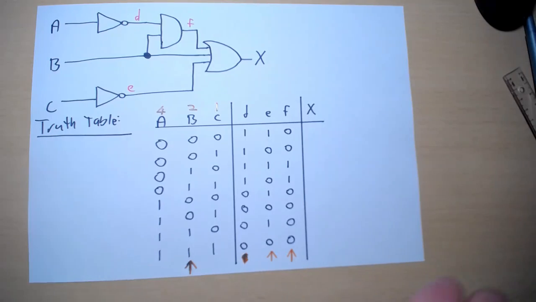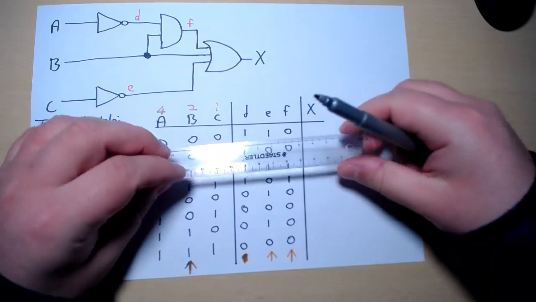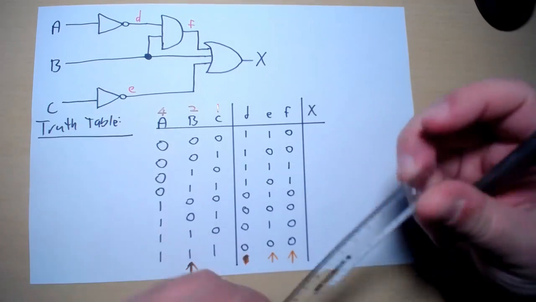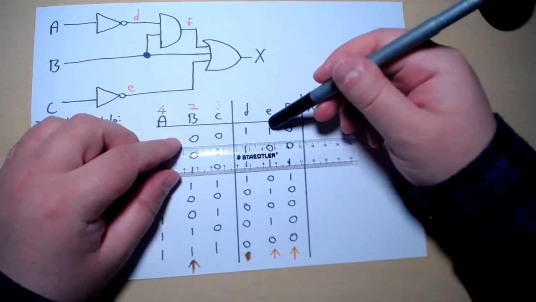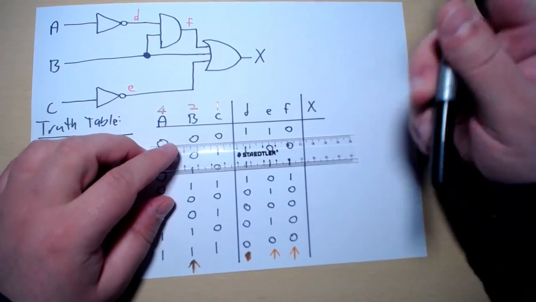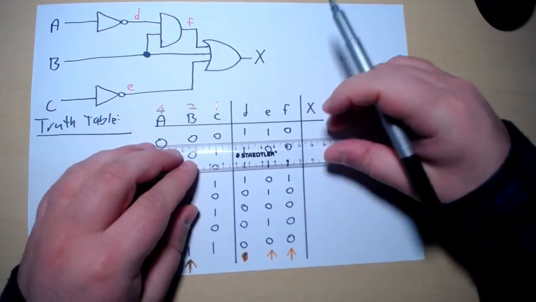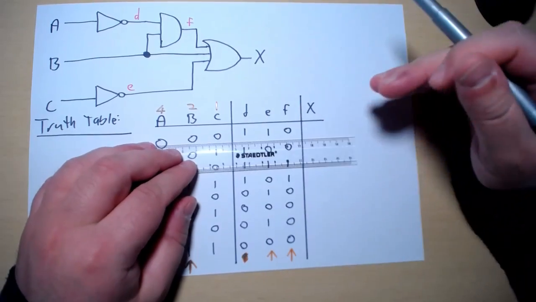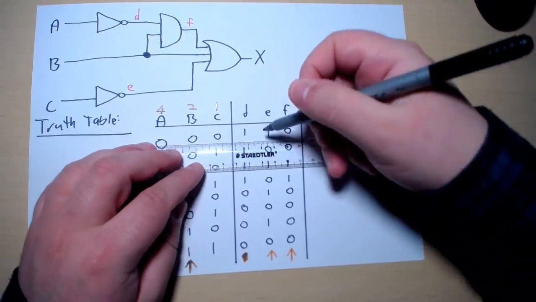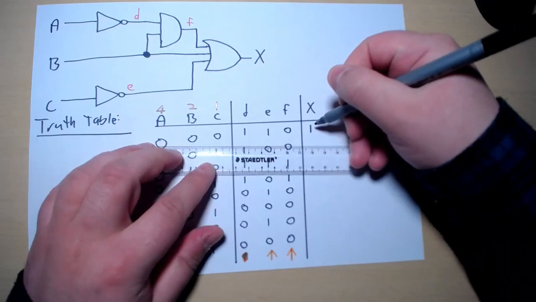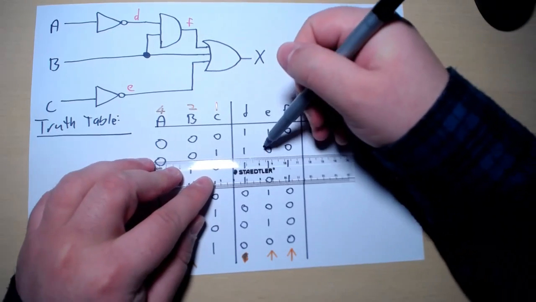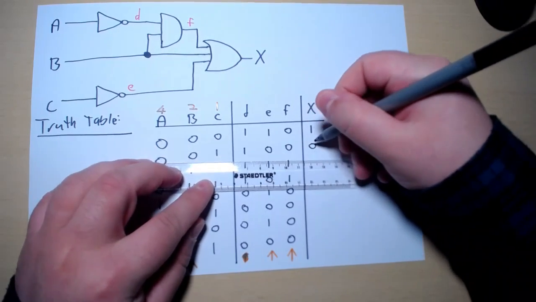Since it's an OR, if there is a 1 in either B or E or F, the output is 1. Otherwise, if all three of them are 0, the output is 0. In this case, we have a 1 here, 0, 0, and 0, so it's a 0.